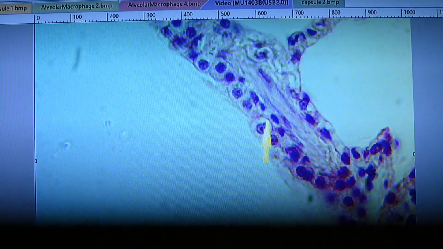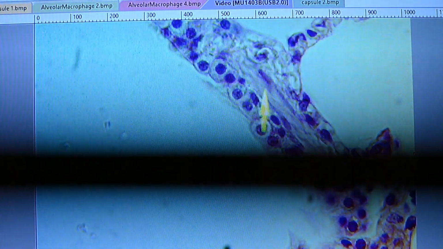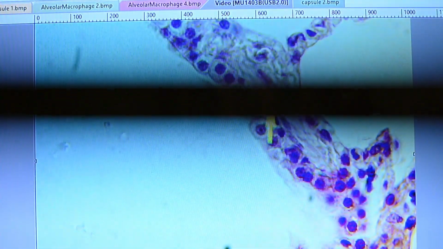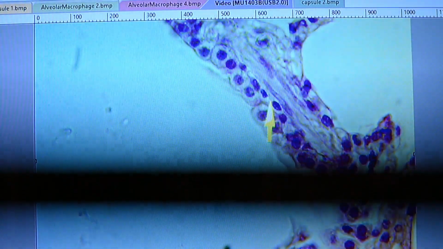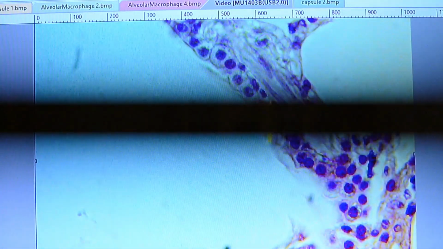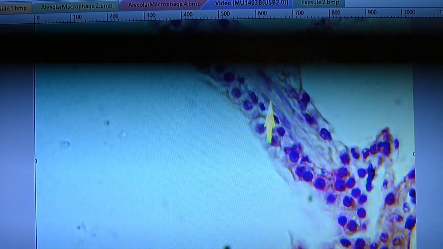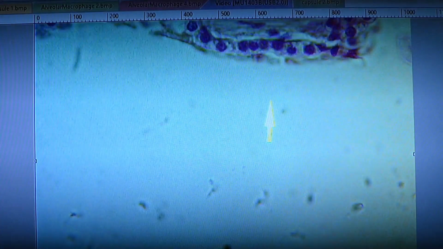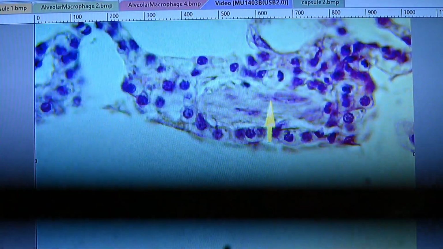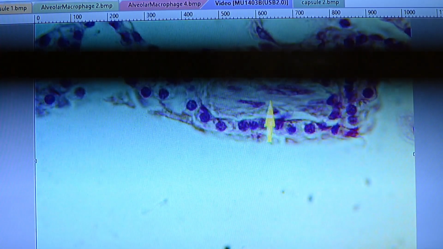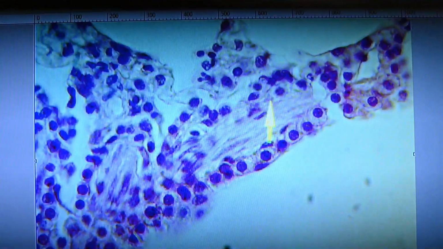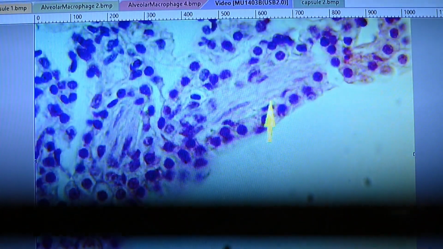Some smooth muscle underneath this, right in here. There's a smooth muscle nucleus or two visible in that zone, right in there. More smooth muscle here. Just little bits and pieces of smooth muscle surrounding this bronchiole.